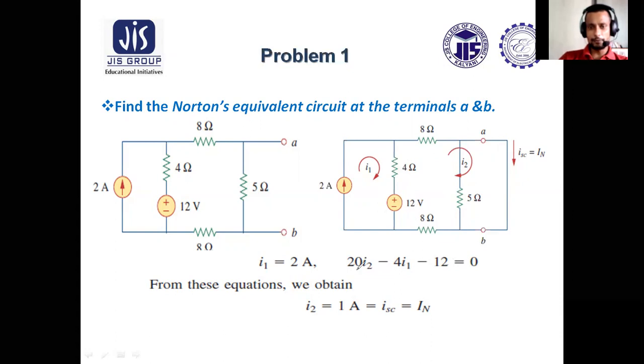Now we have found already I1 equals 2. So substituting the value of I1 here, I2 will be found to be 1 ampere. Now what is I2? This is I2. So I2 is nothing but current flowing through the short circuit path. So I2 should be ISC or IN. Okay. So this is how you can apply mesh analysis, or for some problems you can apply nodal analysis as well, or the current divider rule simply to determine IN.